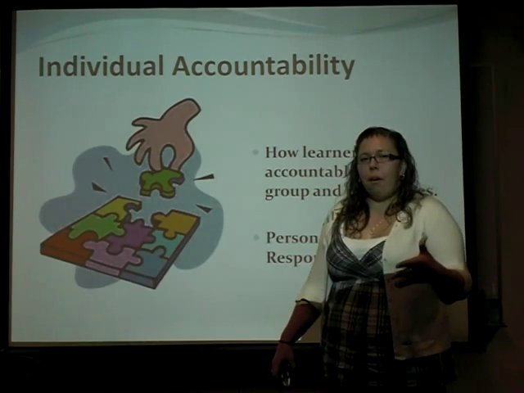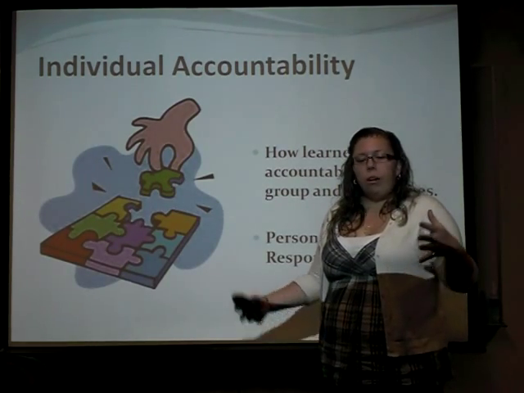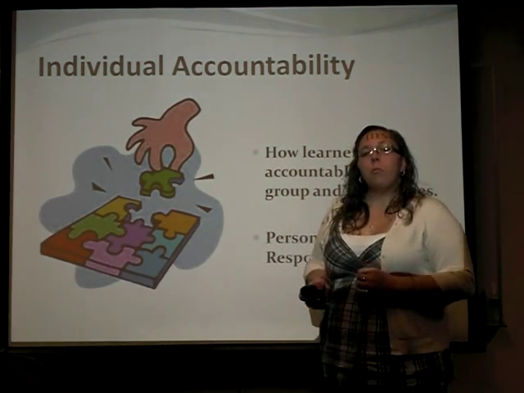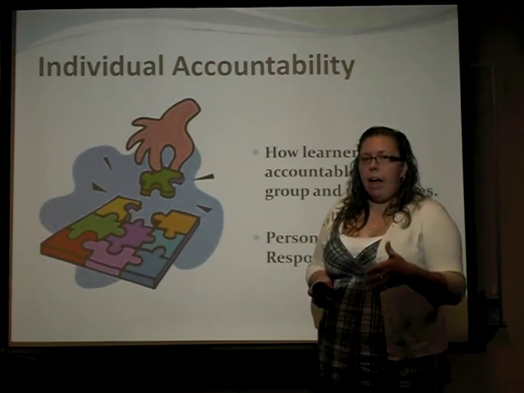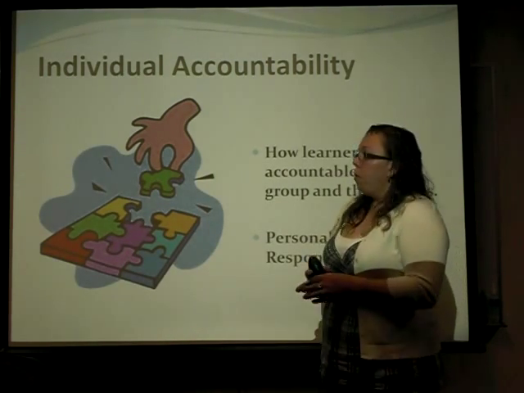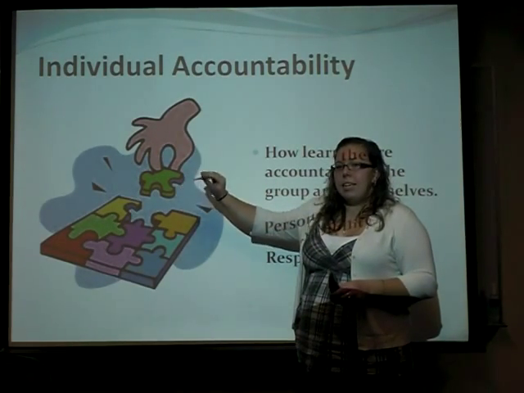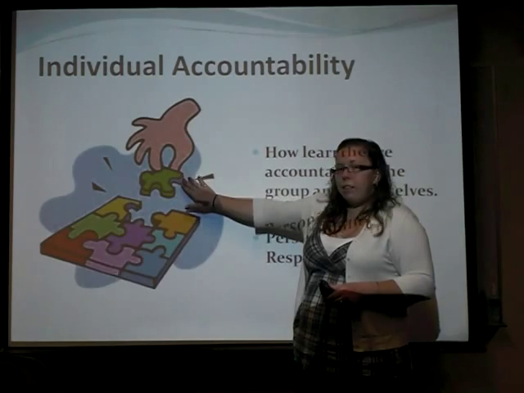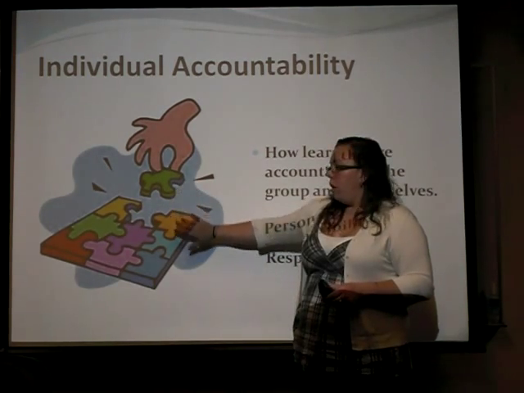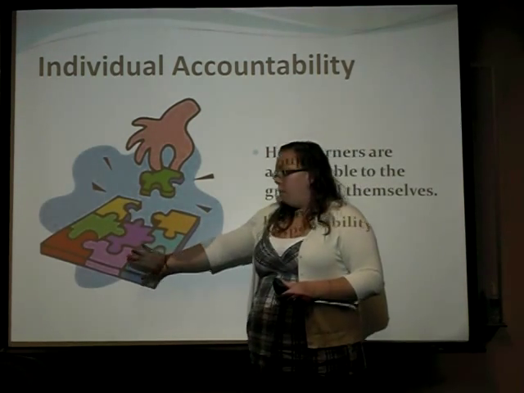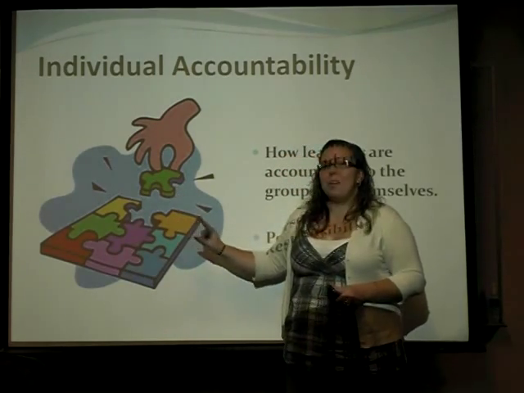Kind of the next step of positive interdependence, where you're working together, but you're also responsible for knowing your information and the rest of the information to the group. So as you can see over here, this person has his puzzle piece, okay? His piece is completed, he knows this information. But he has to know the rest of the puzzle in order to know where his piece fits.